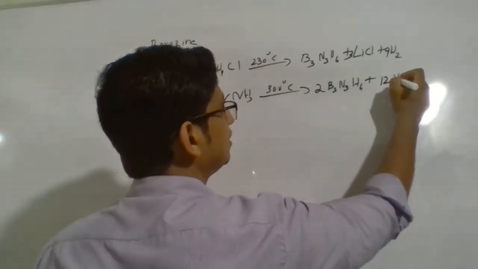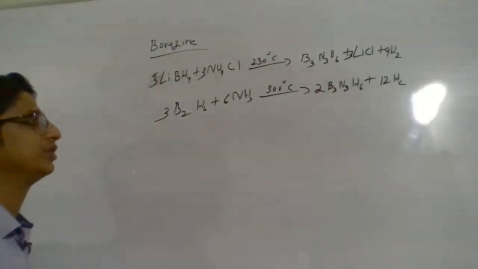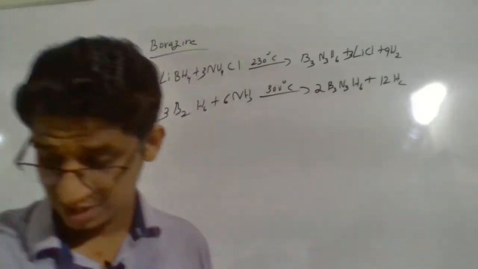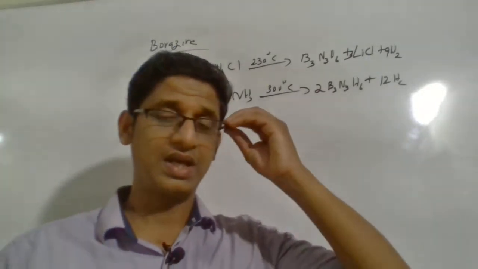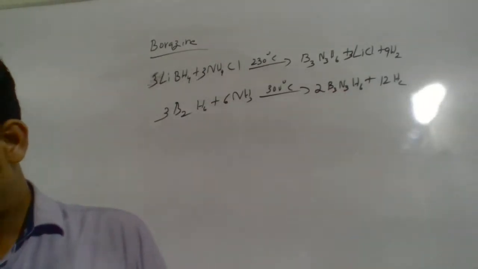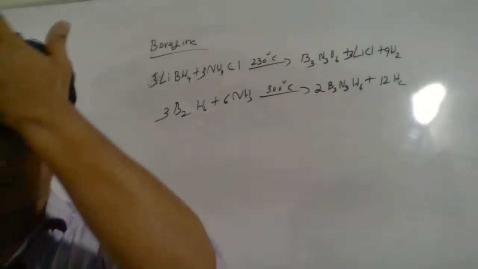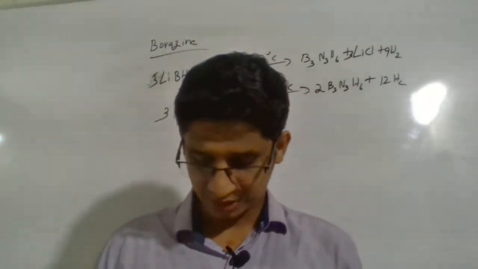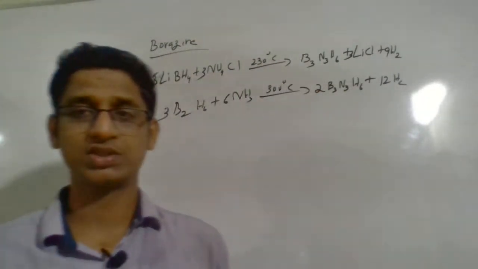This is the most important method of preparation, because it's related to diborane as well. So you can learn it as a reaction of diborane for the preparation of Borazine.